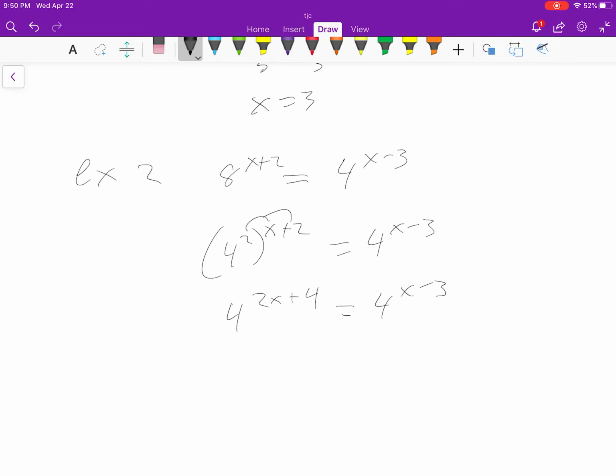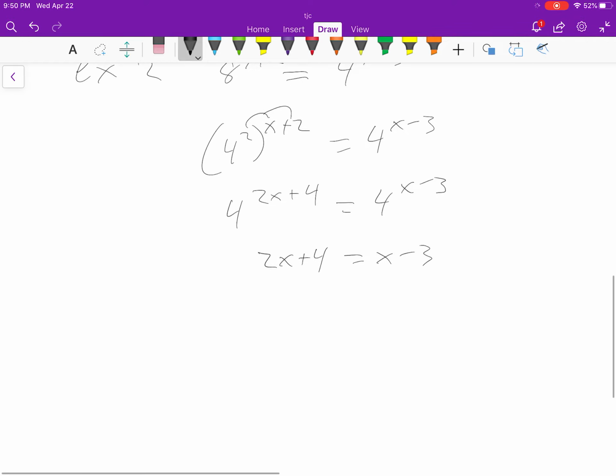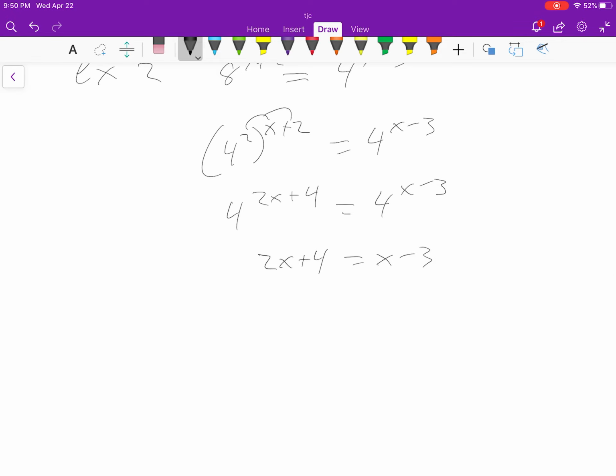Now that they have the same base, you can set the exponents equal to each other, and then solve accordingly. Subtracting 4 from both sides, subtracting x from both sides. We get x equals negative 7.